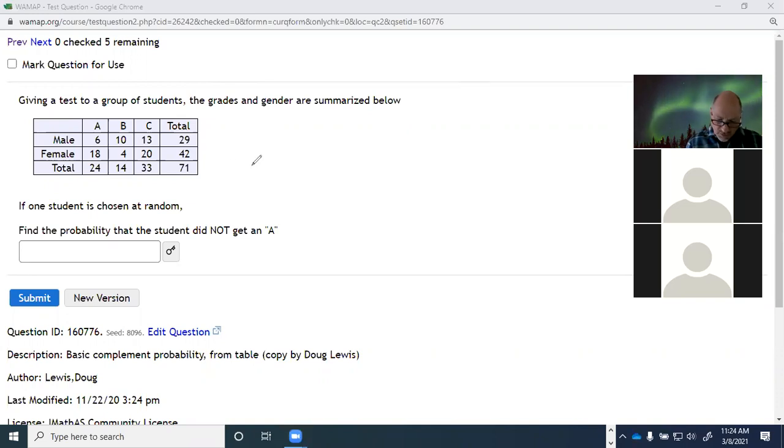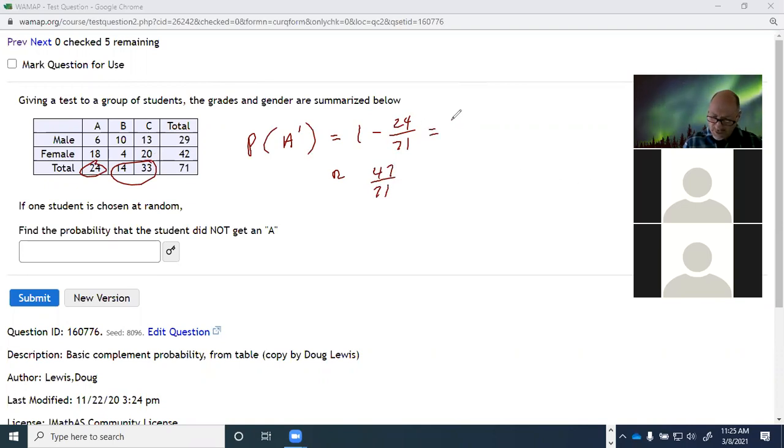You could take the probability of not getting an A, I'll write A complement like this, and that is 1 minus 24 over 71 because there's 24 A's, or you could have 14 plus 33, that is 47 out of 71. And if you take 1 and change it to 71/71 and subtract 24/71, sure enough, 71 minus 24 is 47. So either way, you can do that.